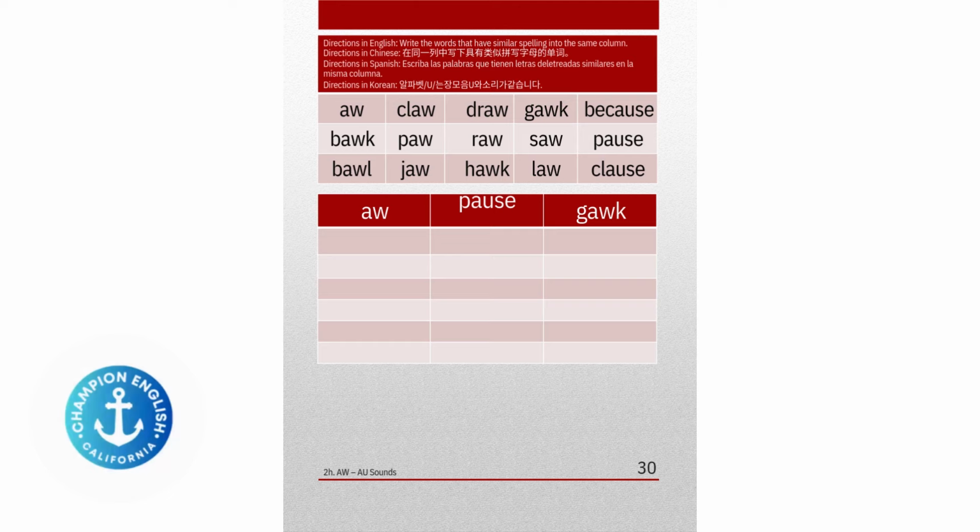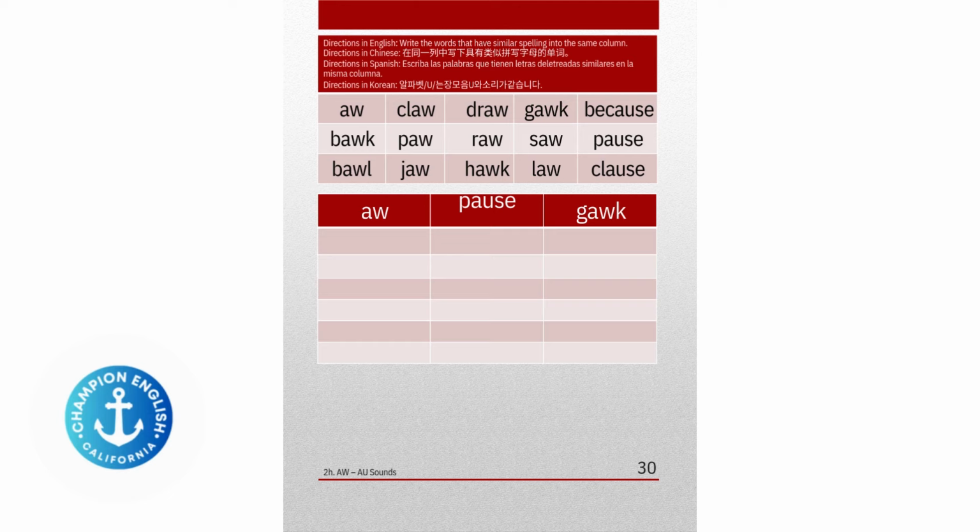Okay, students, good job. And now I want you to take the aw, pause, and gawk and put them in the right column. So, for example, claw ends with aw, so that goes with aw. Claw, C-L-A-W, goes with aw.